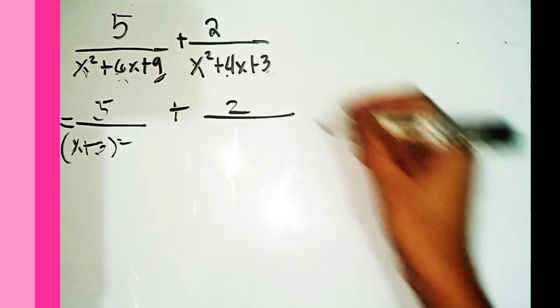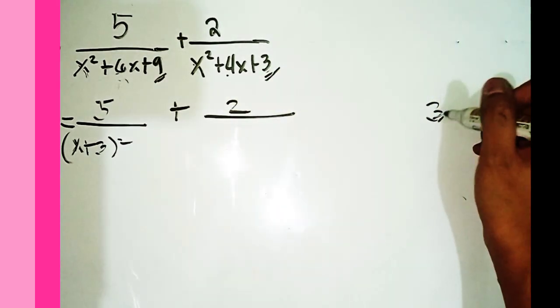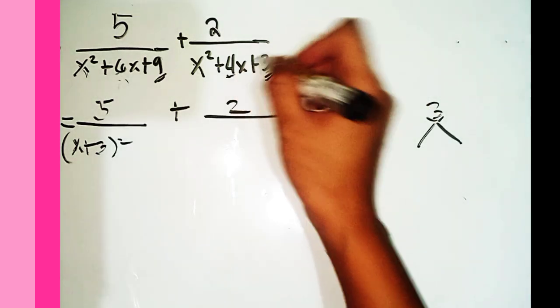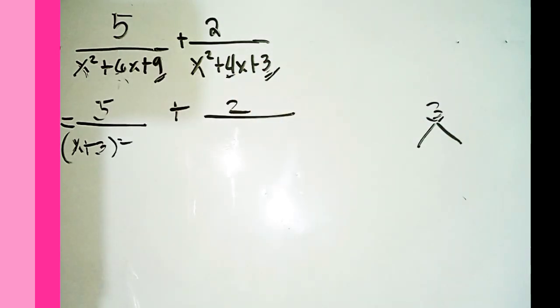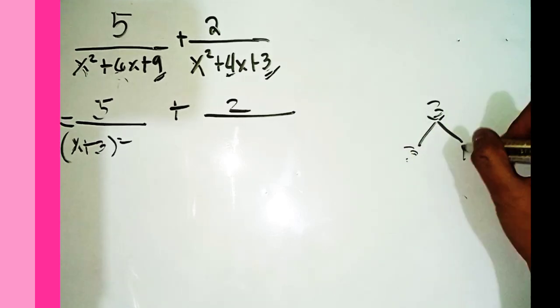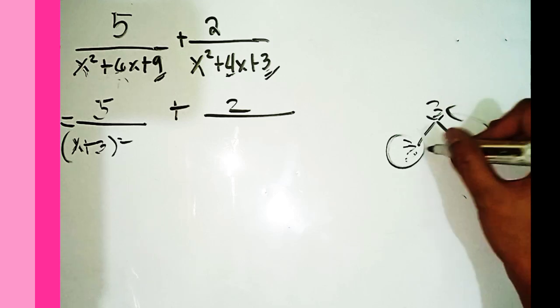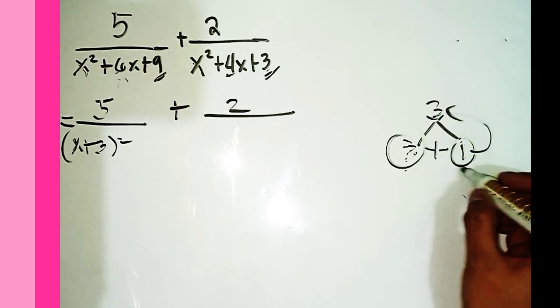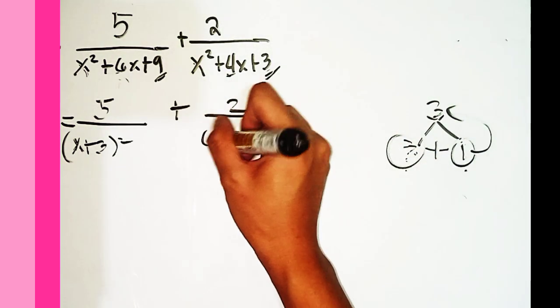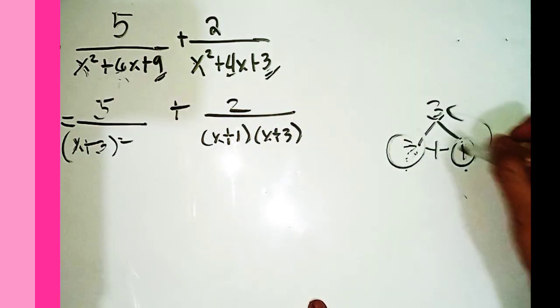Next, we have x squared plus 4x plus 3. So we need to find factors of 3 that would add up to 4. We can factor 3 times 1, that is 3. And if we add 3 plus 1, that would be 4. So we can use x plus 3 and x plus 1.